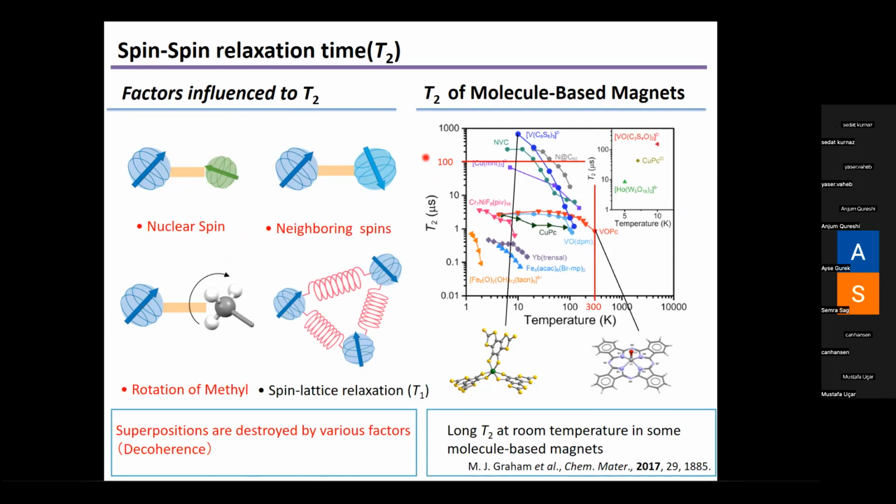This is an example of T2 of molecular-based magnets. More than 100 microseconds is enough. Some metal complexes, vanadium complexes, have more than 100 microseconds. Also, vanadium ferrocyanide works at room temperature.